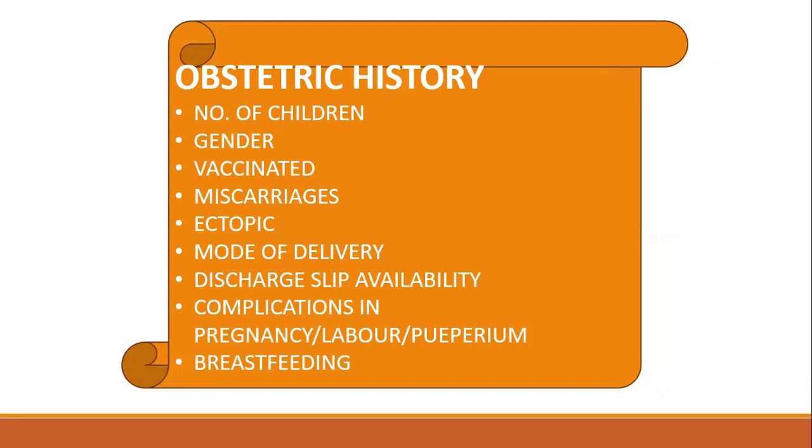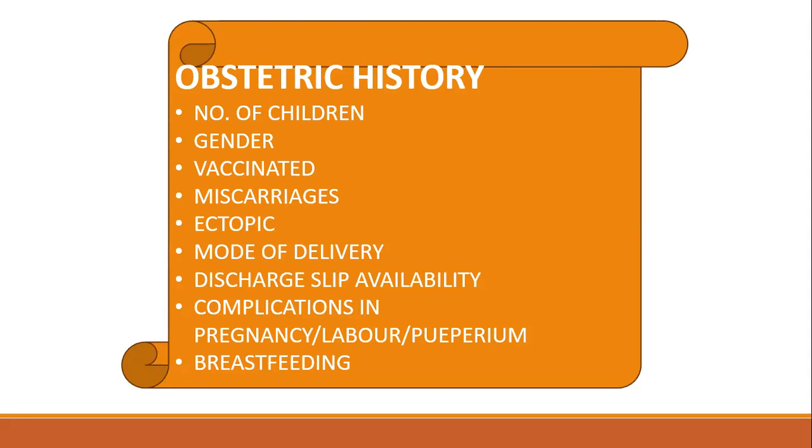Then inquire of the patient regarding the obstetric history and take a few points. Ask about the number of children, their gender, the year in which they were born, and the age of the children, whether they have been vaccinated fully or not, number of miscarriages or ectopic pregnancies, the mode of delivery of each child, and the discharge slip availability.